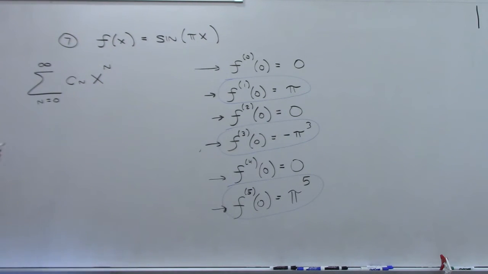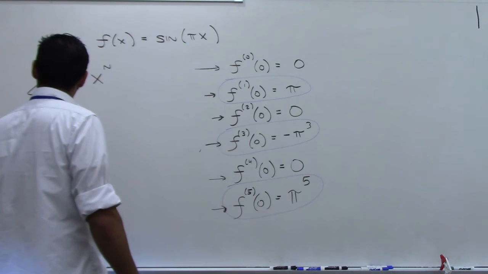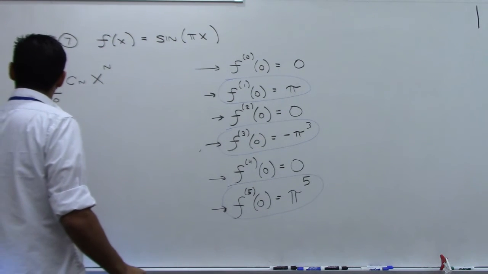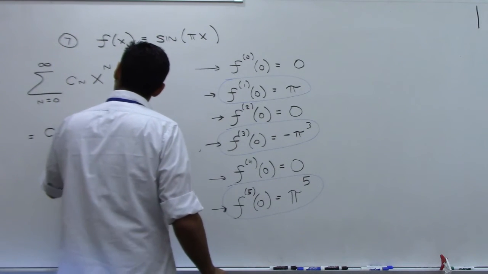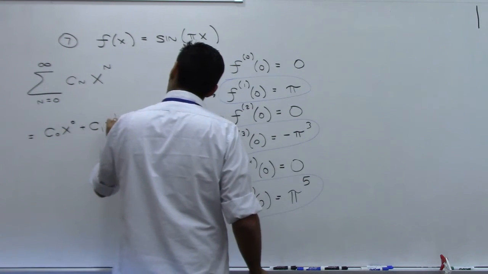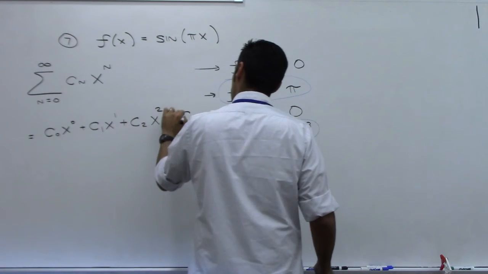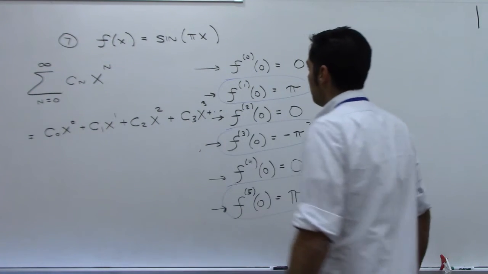Well, you know what, this should be c sub 0 x to the 0 plus c sub 1 x to the 1 plus c sub 2 x to the 2 plus c sub 3 x to the third plus dot dot dot.